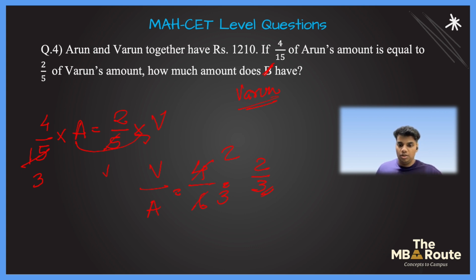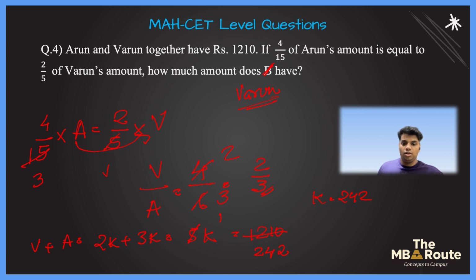The total of Varun plus Arun would be 2k plus 3k, again taking the common multiple, which is 5k, which is equal to 1210. So k is equal to 242.